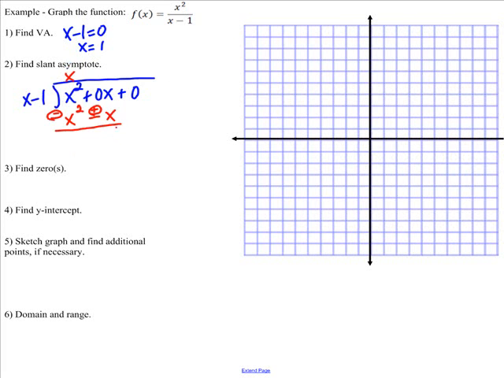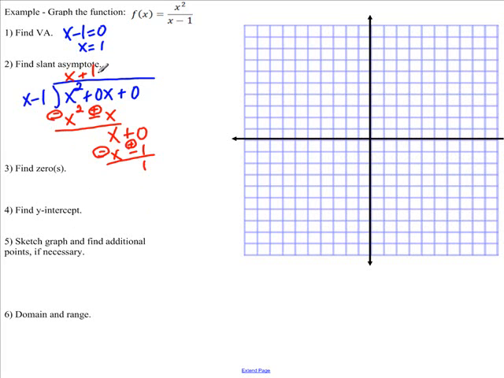So combining those gives us x, what? Plus 0. Now we can say x goes into x one time. 1 times x is x, and 1 times negative 1 is minus 1. So now we change our signs and find that we have a remainder of 1.